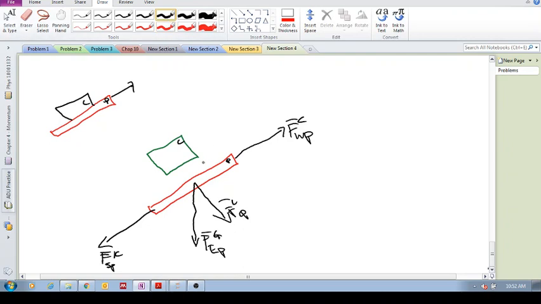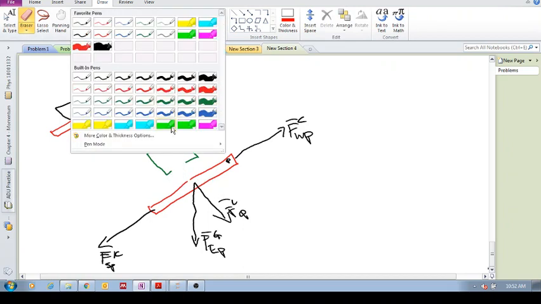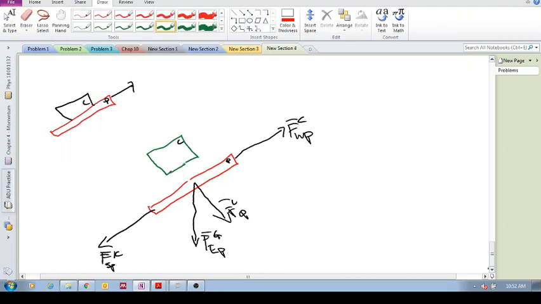Okay, now what's happening on this crate? Well, we know this tablet is not so easy to always draw on, so you just close that up.